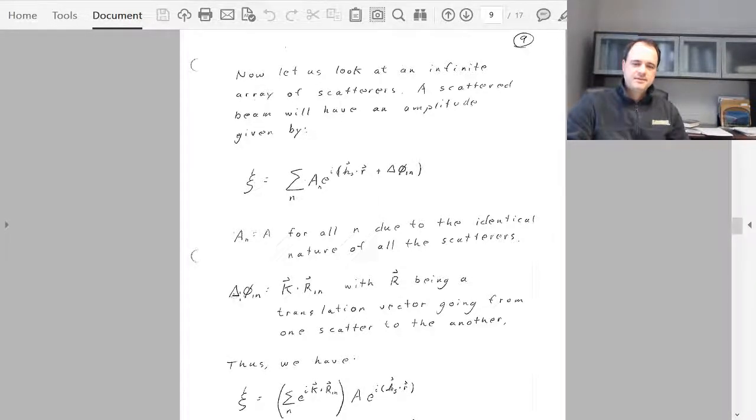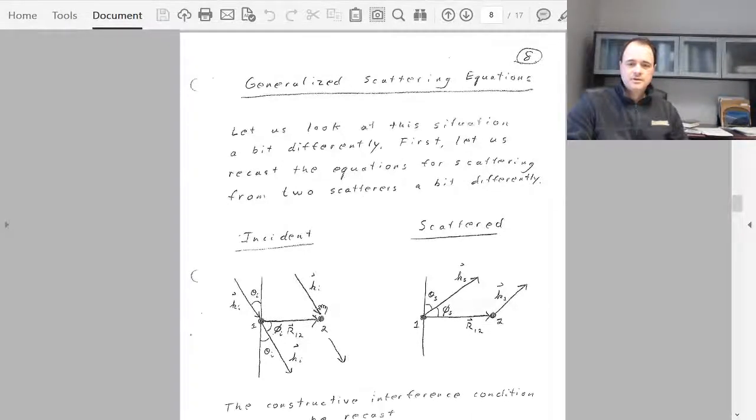And then my delta phi 1n, like we did in the prior page, page 8, was equal to k dot r1n, with r being the translation vector going from scatter 1 to all the other scatters, to scatter n. So 1n would be scatter 1 to scatter n. For example, r12 is this right here, going from 1 to 2. But if we had scatter 3 right around here, r13 would be going all the way over to here.